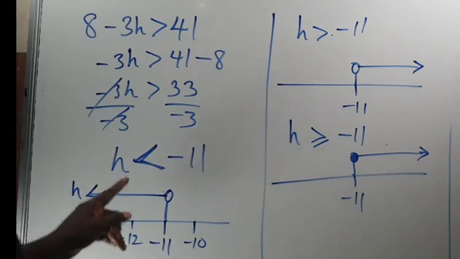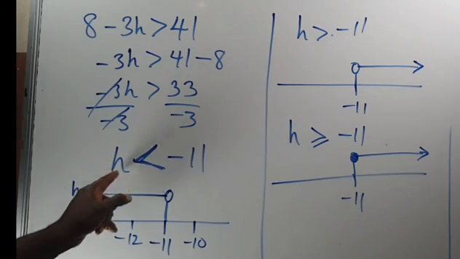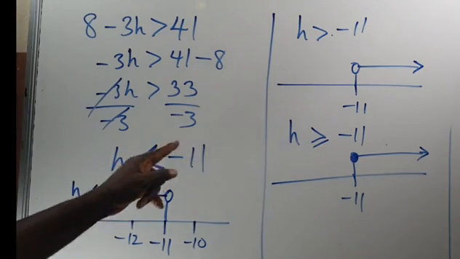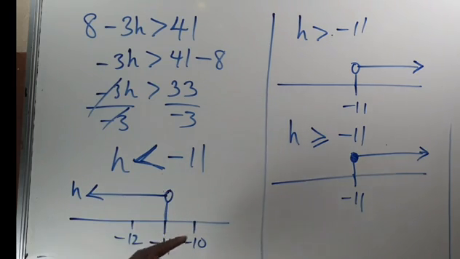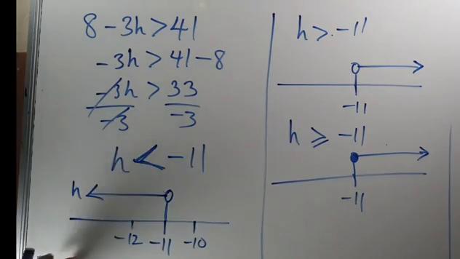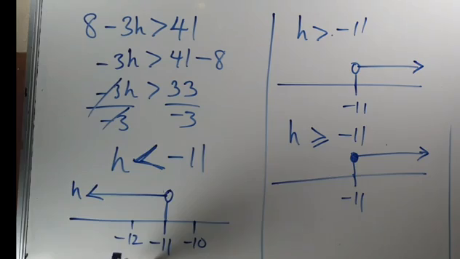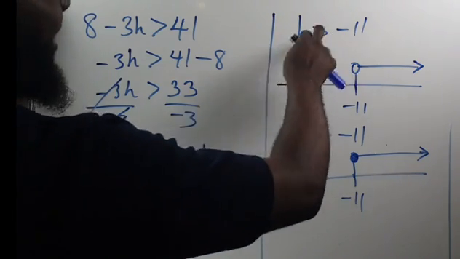So let's explain the interpretation. If you look at this, h less than minus 11 means that we are looking for all the numbers that are less than minus 11. They are all the numbers below, starting from minus 12 downward, minus 13, minus 14, and so forth.